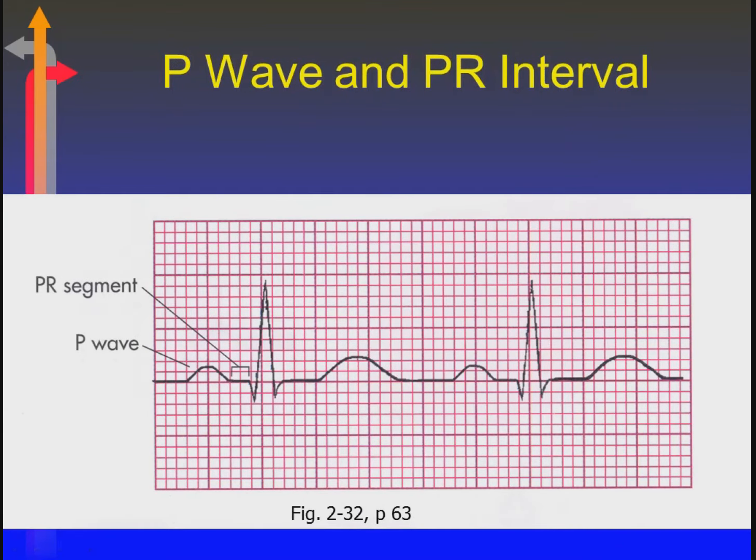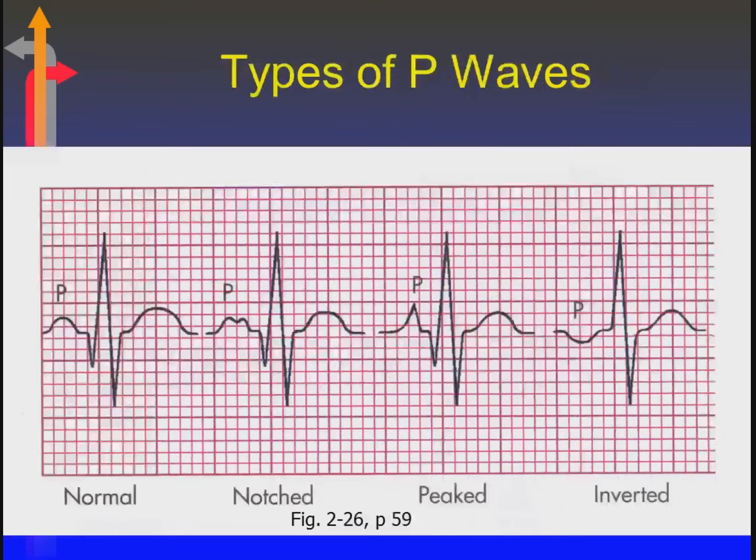So let's take a look at the P wave and the PR interval. The segment between the P wave and the beginning of the QRS is known as the PR segment. P waves can be normal in shape, or they can be altered in shape. And what you need to do is identify when that occurs.